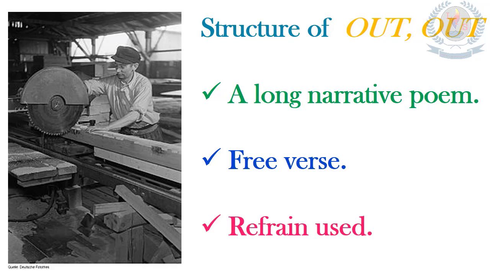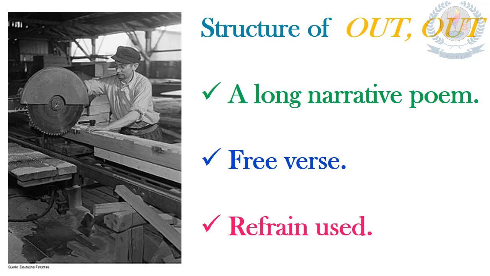We are going to learn about the structure of this poem. I have taken three major points under that. Let's read this. The first one is a long narrative poem. Next one, free verse. And the third one is refrain used.